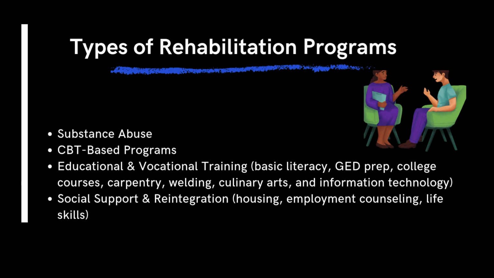The risk component asserts that the level of intervention should correspond to the offender's risk of recidivism. So, the higher risk the individual is, the more intense intervention that is required. The need component looks at the criminogenic needs, such as substance abuse, antisocial attitudes, and employment skills. The responsivity principle focuses on the learning style of the offender.